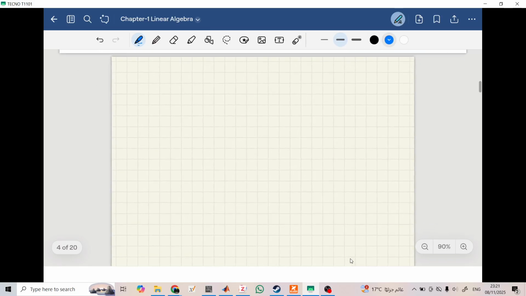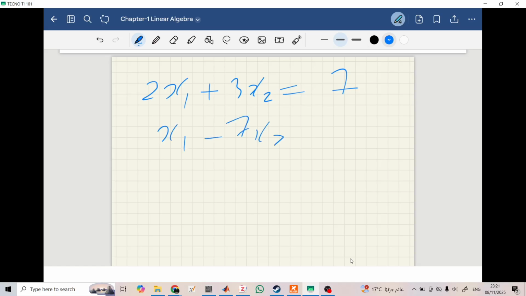Let's say that we have these equations: 2x1 plus 3x2 equals 7, then x1 minus 7x2 equals 9. What we usually do is take the coefficients and put them in the matrix: 2, 3, 1, minus 7.